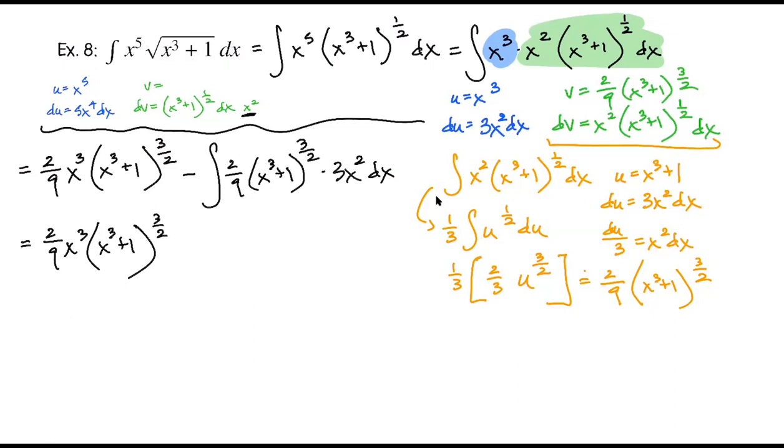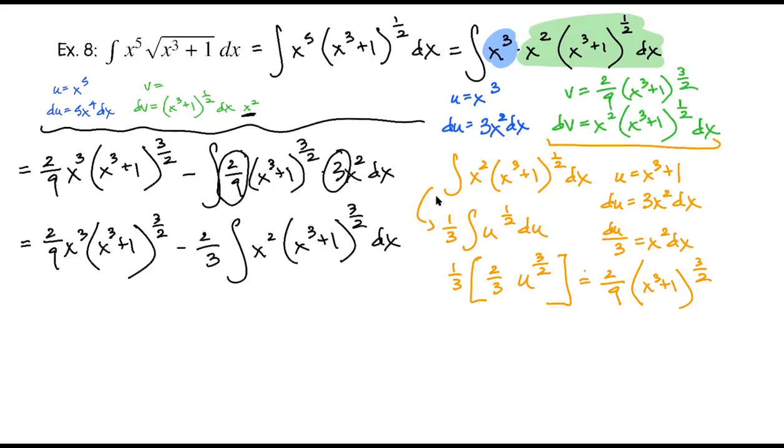And I'm going to go ahead and pull out some coefficients here. So I've got a 2/9 times 3. That's going to give me 6/9, and that reduces to 2/3. And look what I have left in here. X squared, x cubed plus 1 to the 3/2 dx.